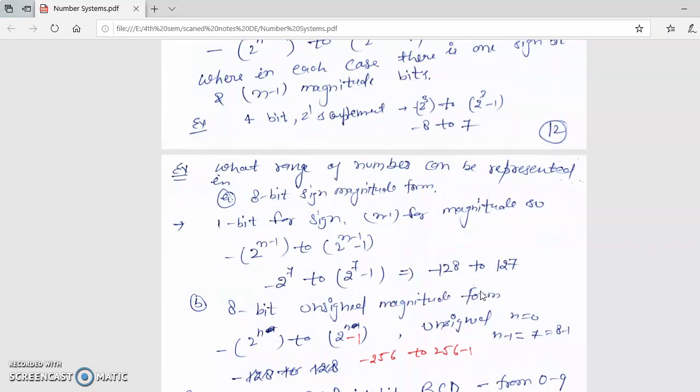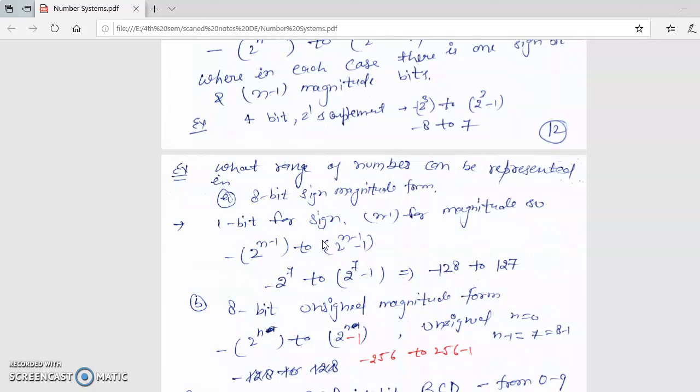In examinations we have one or more questions of this type, asking to find the range of given numbers. What range of numbers can be represented in 8 bit sign magnitude form? 1 bit for sign and n minus 1 bits for magnitude.